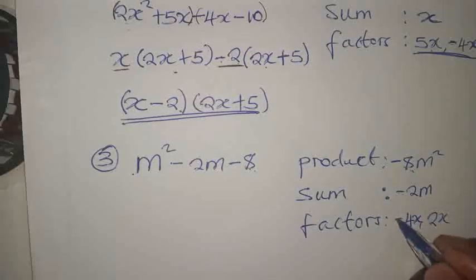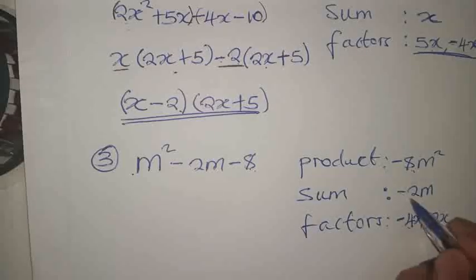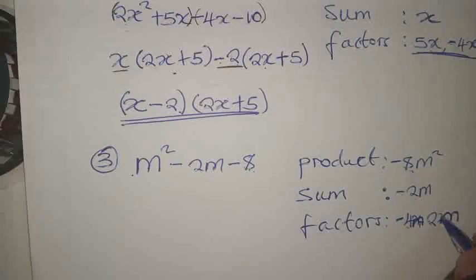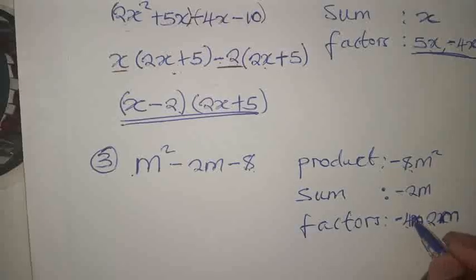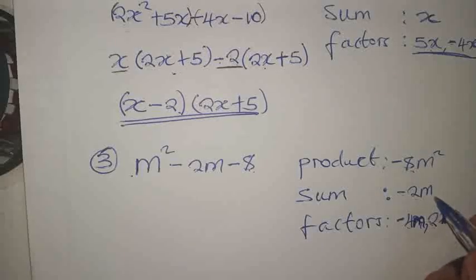So this one should have a negative charge, so that you can say negative 4m plus 2m to give us negative 2m. Then negative 4m times positive 2m to give us negative 8m squared.